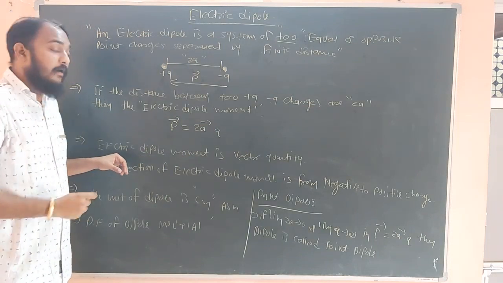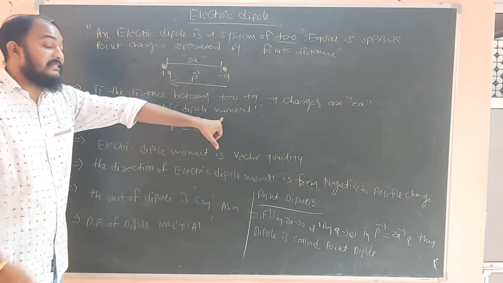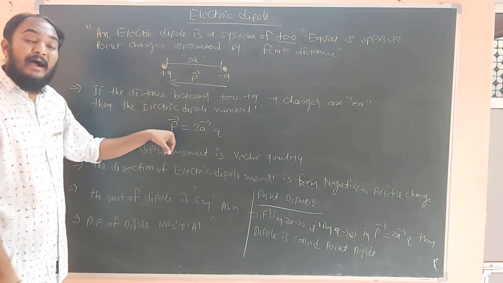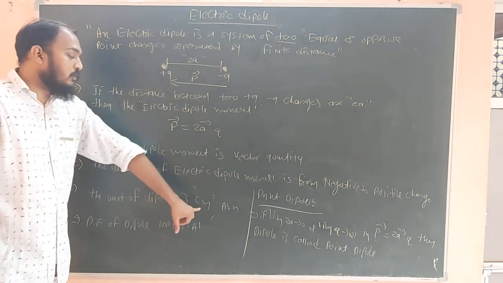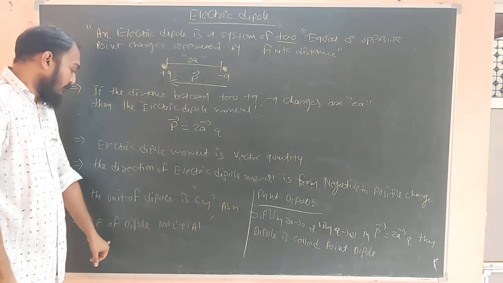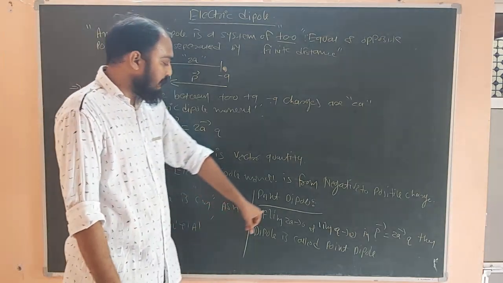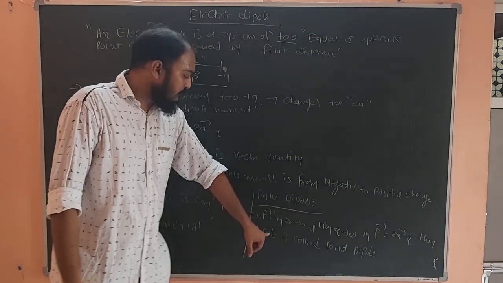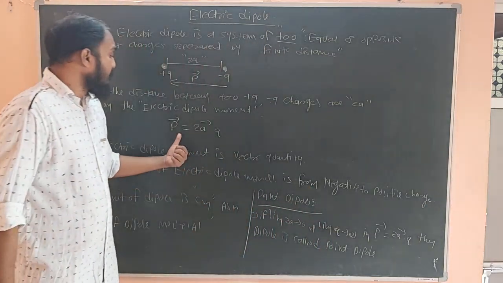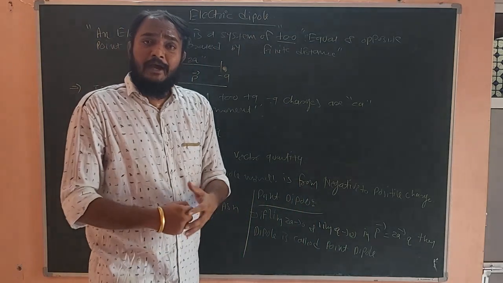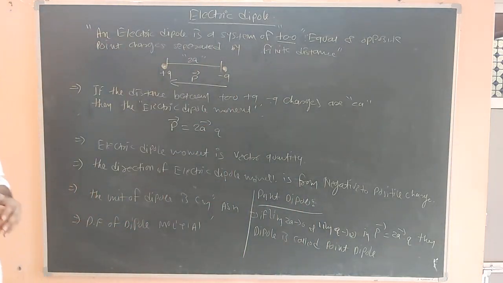It is a vector quantity. The dipole moment is the magnitude of a dipole, denoted by p. The unit of dipole moment is coulomb meter, and its dimension formula is M0 L1 T1 A1. What is a point dipole? The point dipole is when you take 2a tends to 0 and q tends to infinity in this formula. Pause it and write it down.